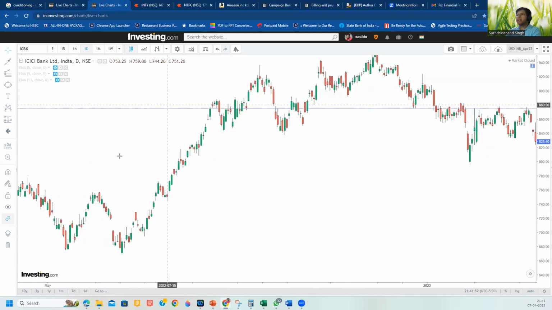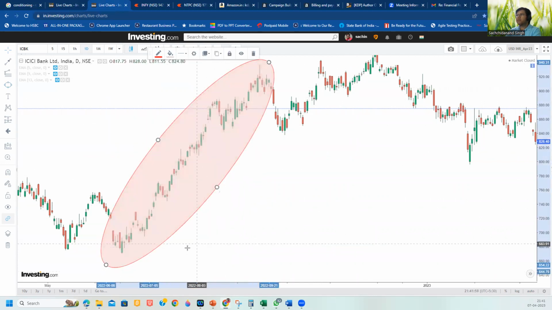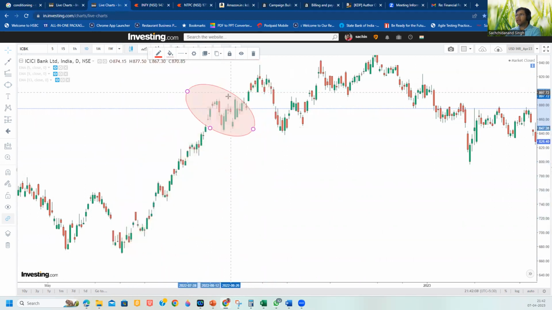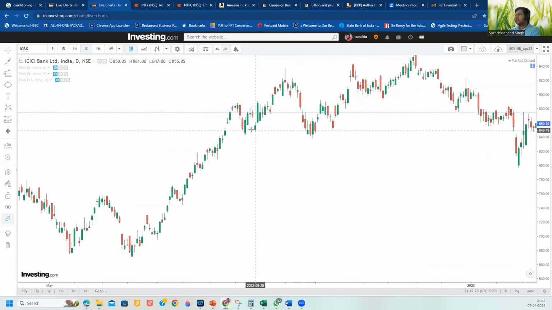So look at this chart from here to here. Overall the price movement is happening in an upward direction. At the same time, if we look at just this particular chart area, while the price is moving up, it has fallen back to a certain level, and that is called the retracement level.